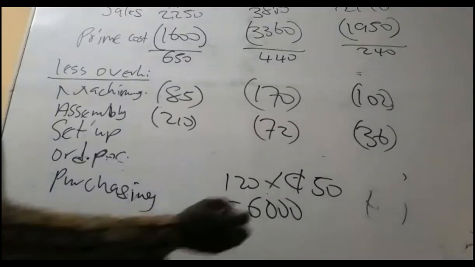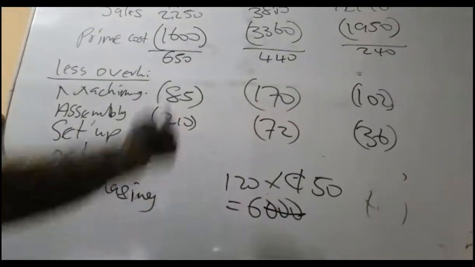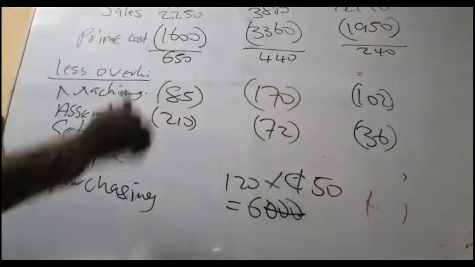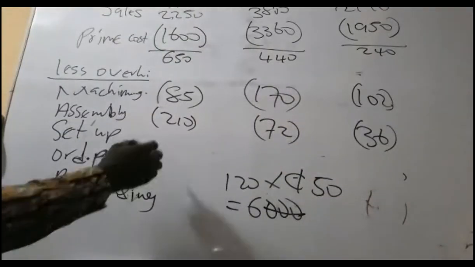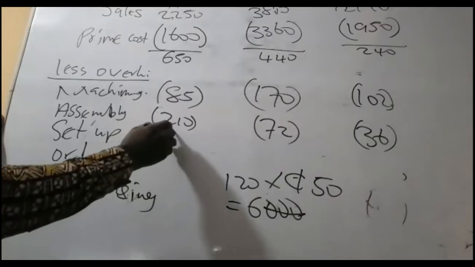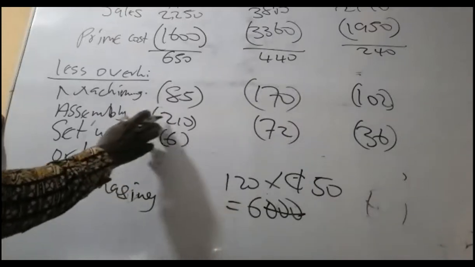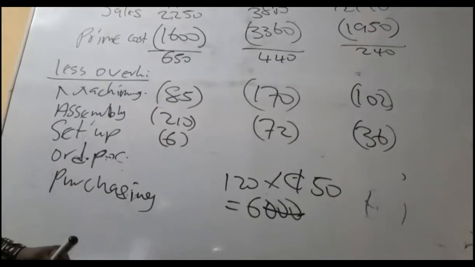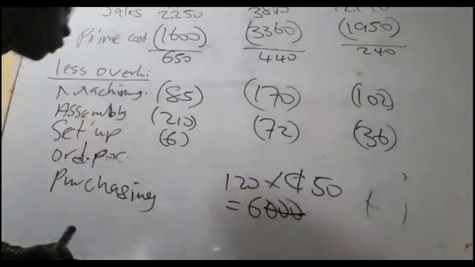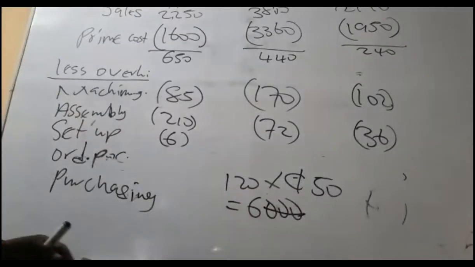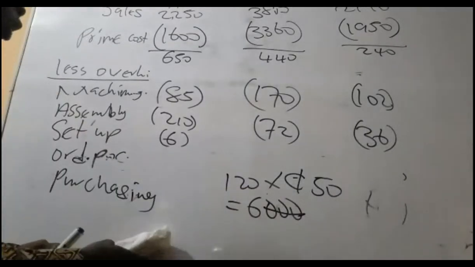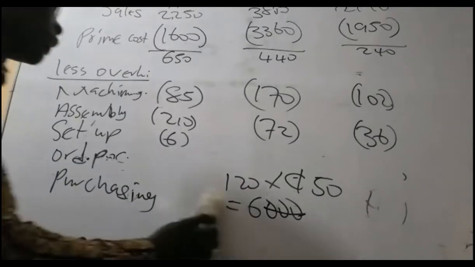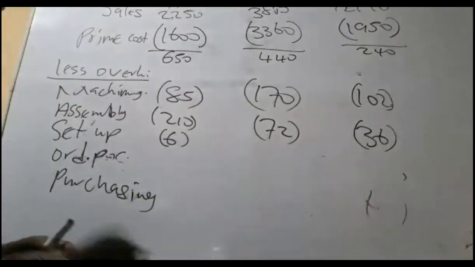If it's 6,000, we have to cancel 3 zeros. So I write just 6 in brackets, because we cancel 3 zeros. That was the answer we had. When I go to the next product, it has 200 setups.